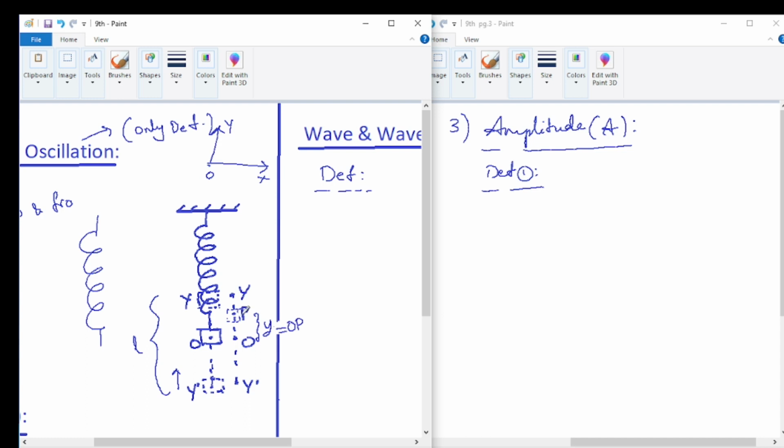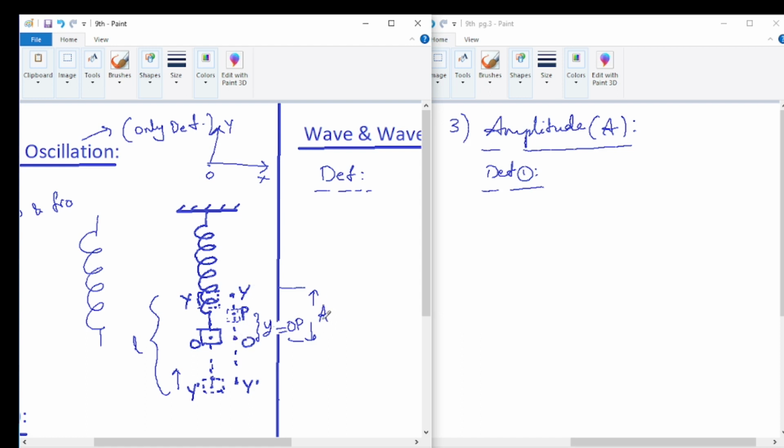Finally, when the load reaches the top extreme position Y, that means the load position P coincides with the top extreme position Y, then the displacement OP is equal to OY, that's maximum. So from O to Y, this is the maximum displacement of the vibrating or oscillating body from the mean position O.